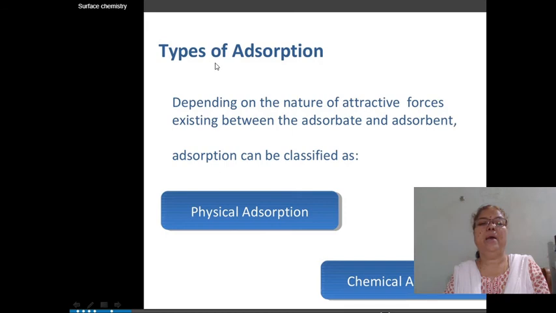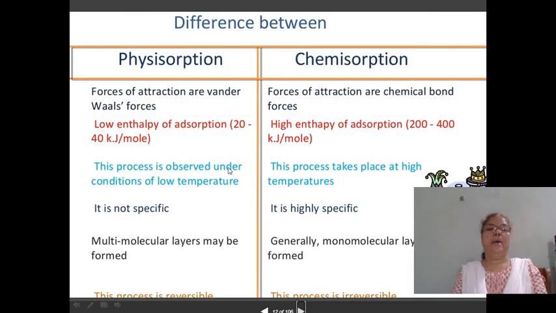As already I have told you the types of adsorption. Depending on the nature of attractive forces existing between the adsorbate and adsorbent, there are two types of adsorption, physical adsorption and chemical adsorption. And we differentiate between physisorption, that means physical adsorption, and chemisorption, that is chemical adsorption.